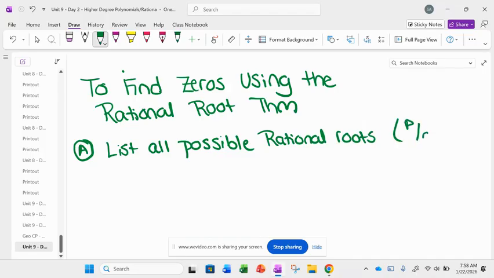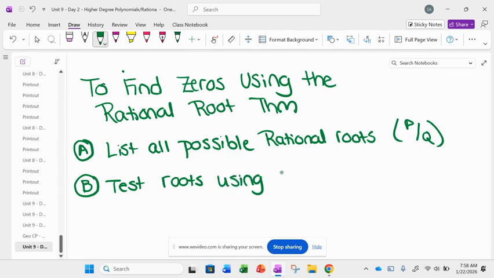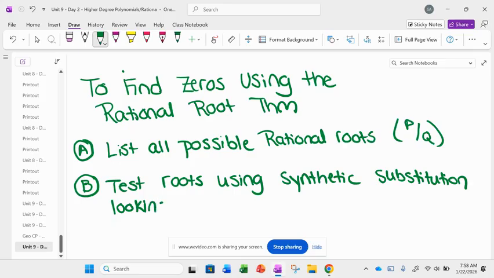And that's going to be P over Q. Then we're going to test roots using synthetic substitution, looking for a remainder of 0.